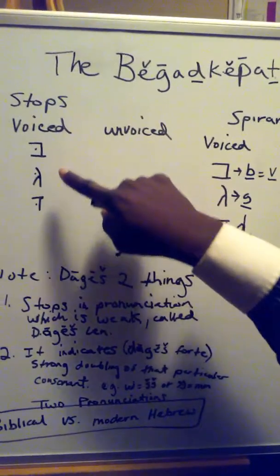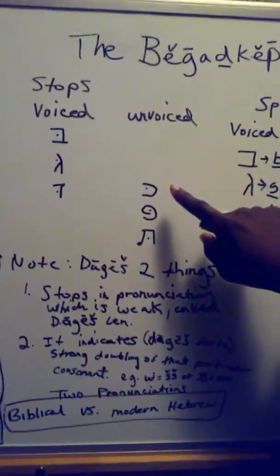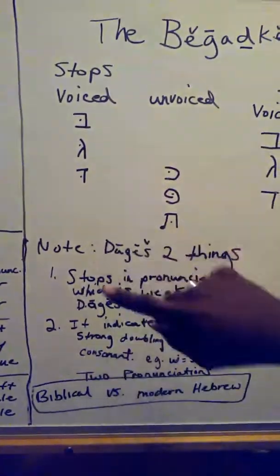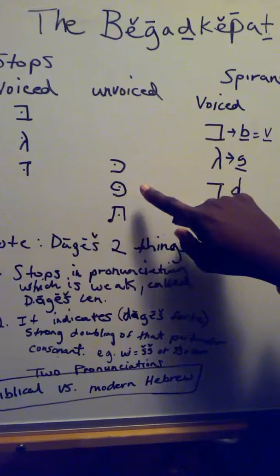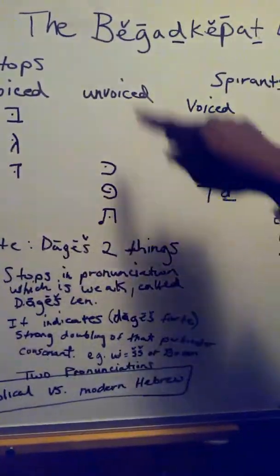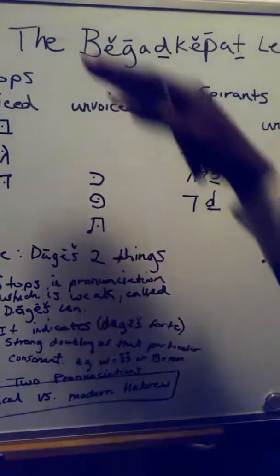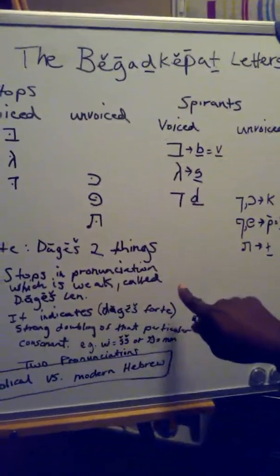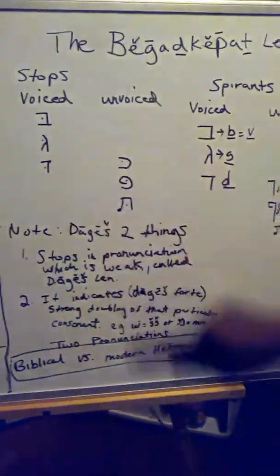So we have Bet, Gimel, Dalet, Kof, Pay, and Tav. So we have B, G, D, K, P, and T. That's in the traditional Hebrew sounds. Those are guttural stops. So when we pronounce them, they have weak signs. That's what the Dagesh Lin, the dot, is.